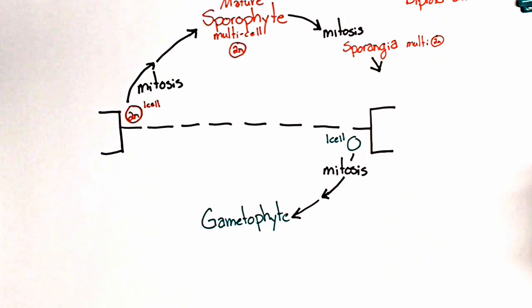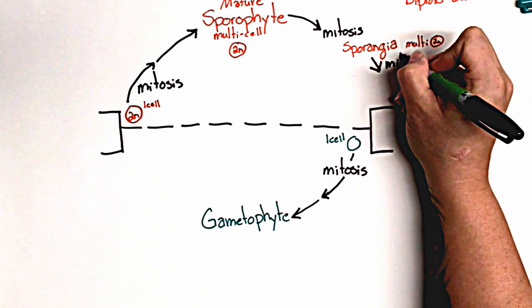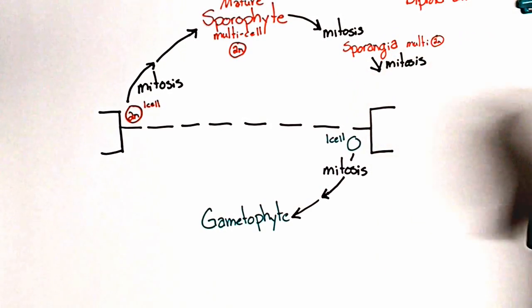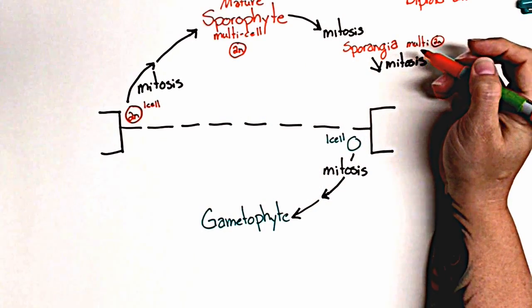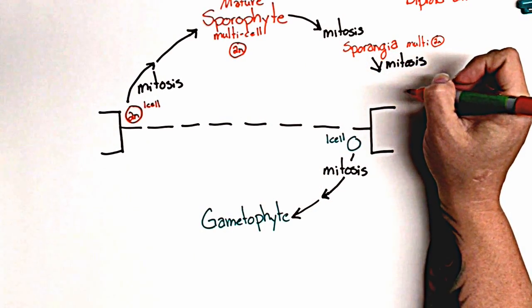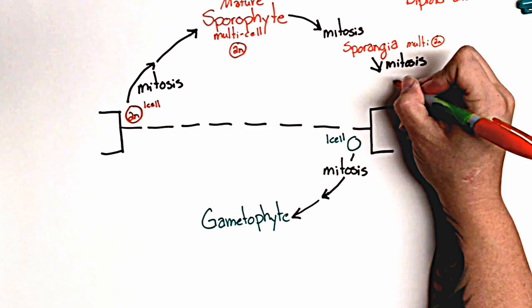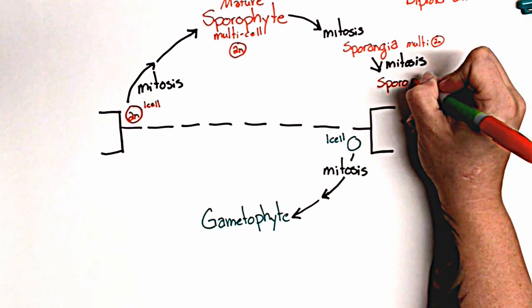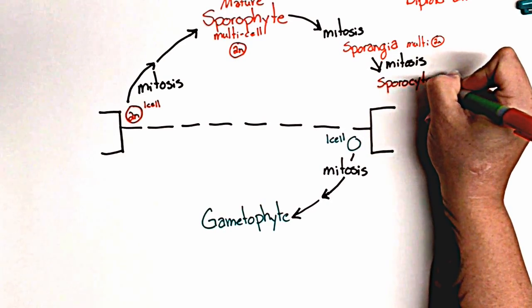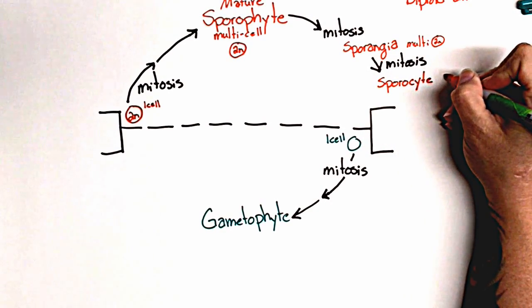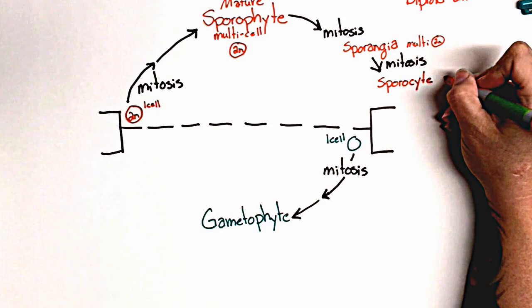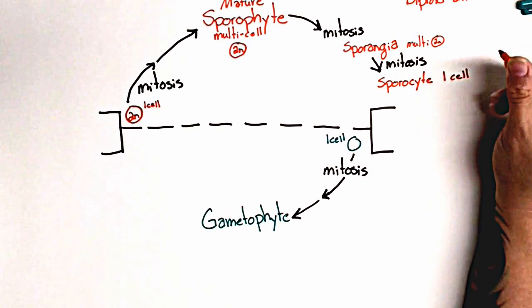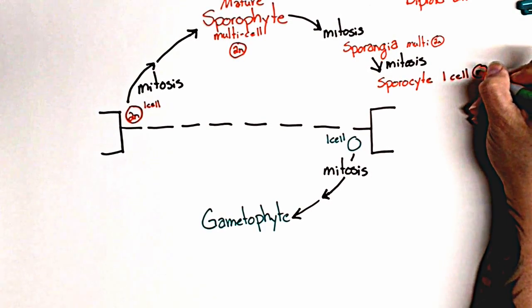And still through mitosis, we are going to create back to a single cell called a sporocyte. Okay, sporocyte. So now this is back to a single cell, one cell. Okay, but it's still diploid.